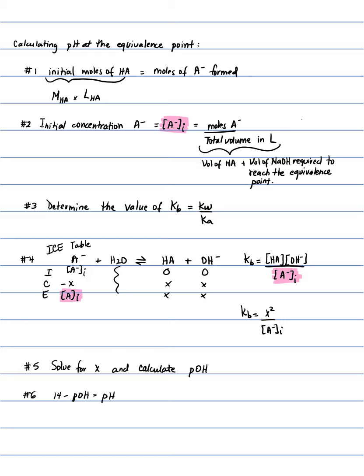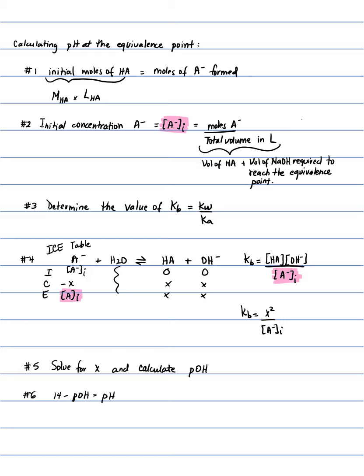So that initial number of moles of the acid, which you're calculating because you're given a molar concentration and a volume for the acid. You can calculate moles because molarity times volume in liters will give you the number of moles. So you can calculate the moles of the acid, and that's the same number of moles of conjugate base that you will have at the equivalence point.